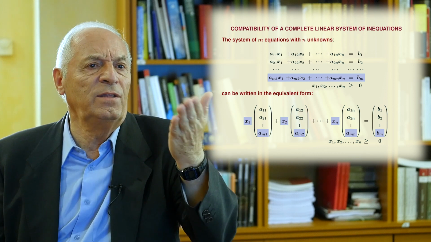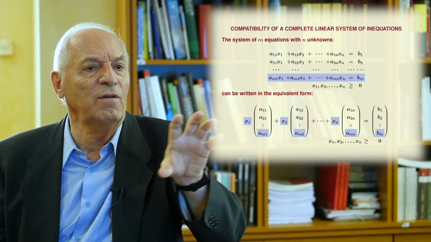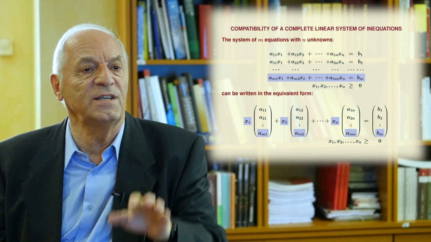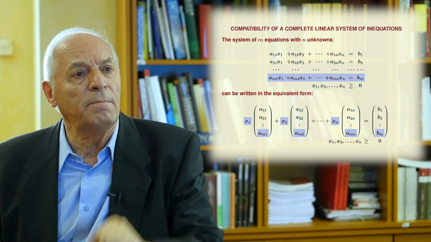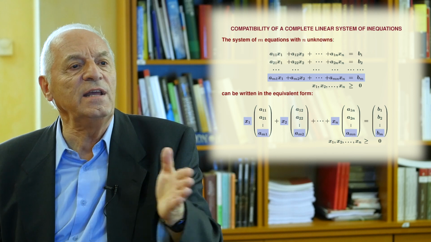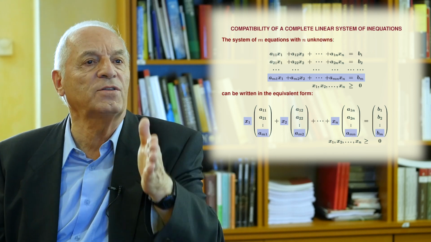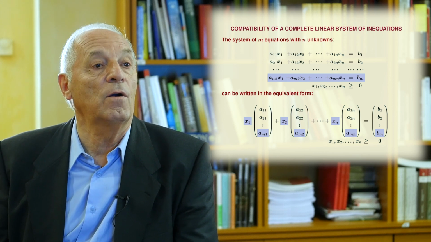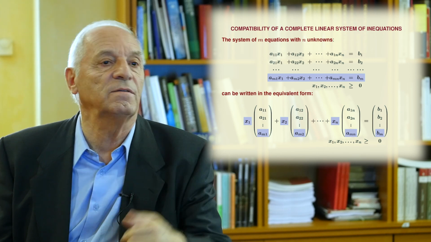And then we write the system of equations in the other form. The system above is exactly the same as below, but the system below tells you that the column vector b1, b2, ..., bm is a linear combination of the column vectors obtained from the linear system of equations, in this case equations.